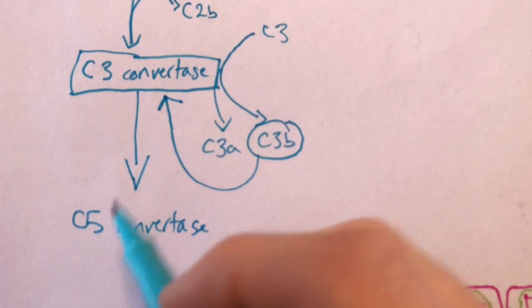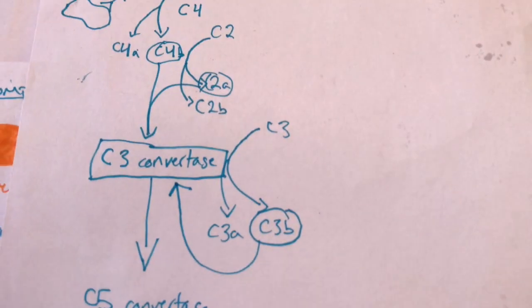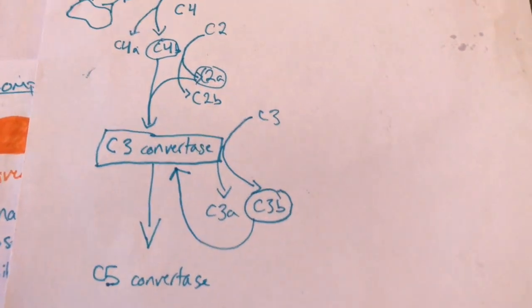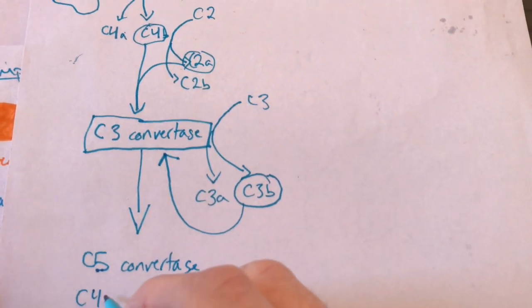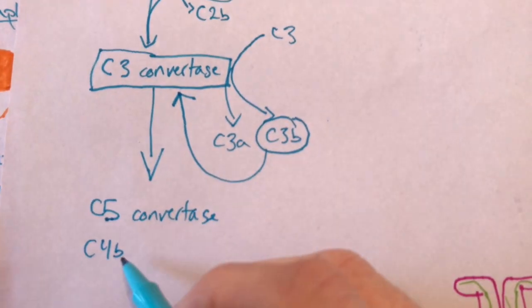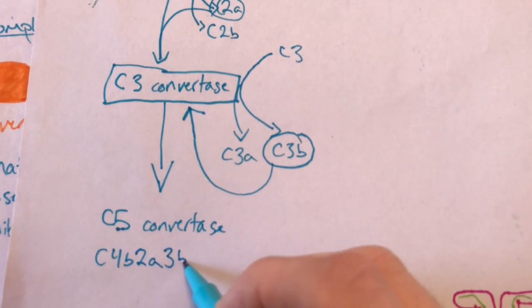Sorry. So remember, if you would like to follow all of the active pieces, this is made of C4b, 2a, and 3b.